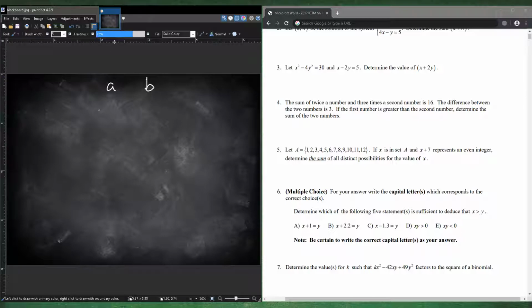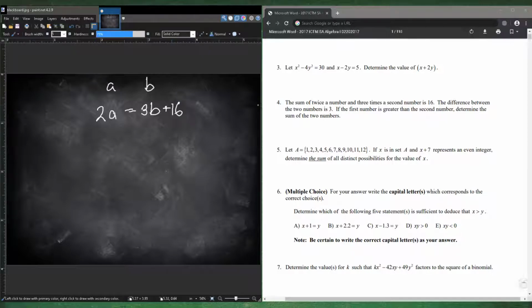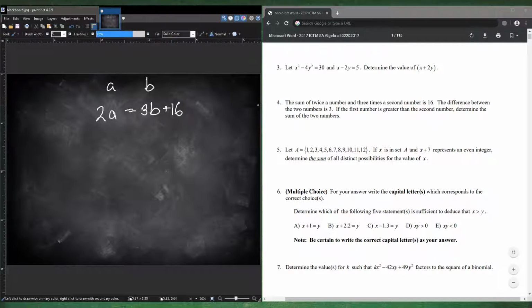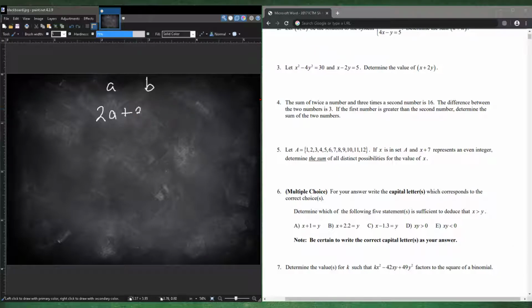Twice a number plus 3 times the second number, because that's a sum, is equal to 16. So 2a plus 3b is equal to 16. And the difference between those numbers is 3. Since a is bigger, a minus b is equal to 3.